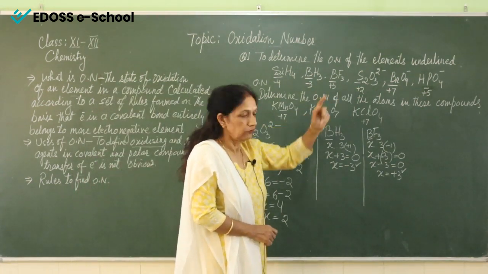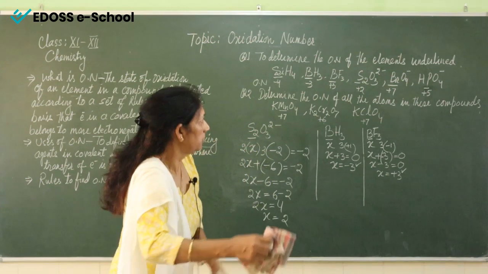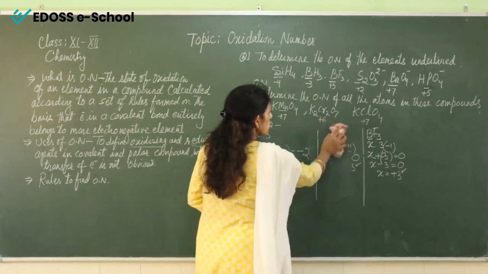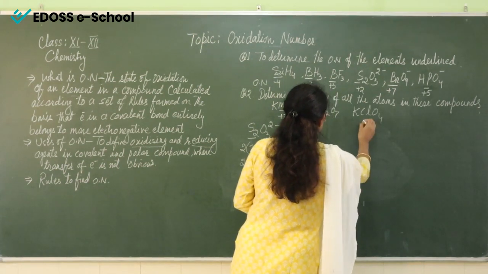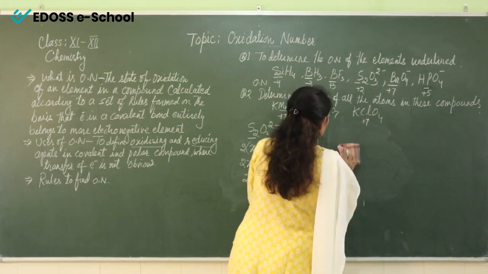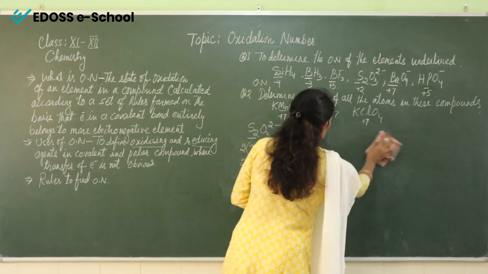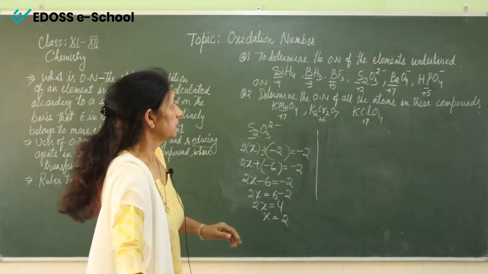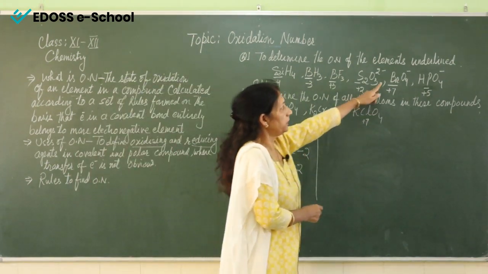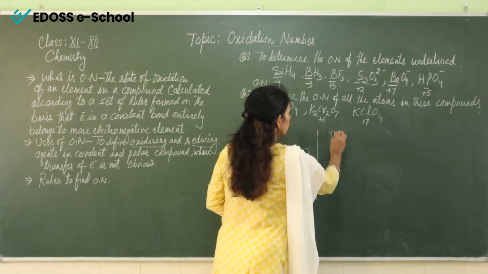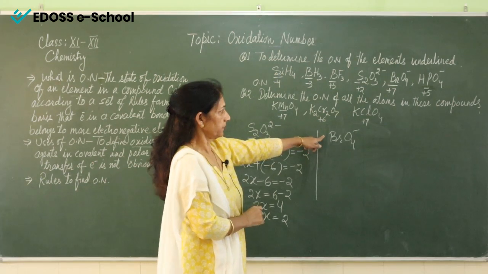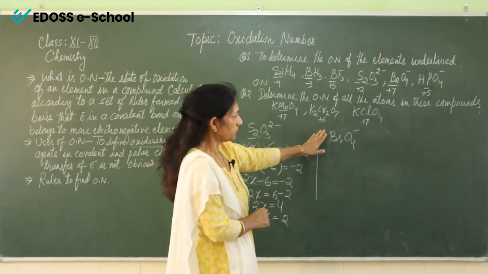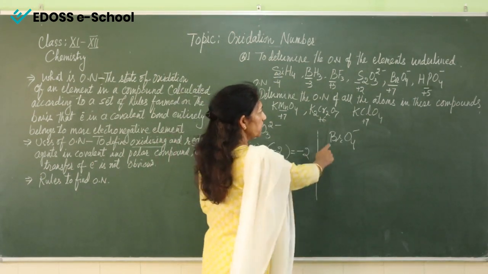Now we are taking this one. Here how will we do it? Now the next example is BrO4, this is also an ion, negative. Okay. So in the same way, this is Br.